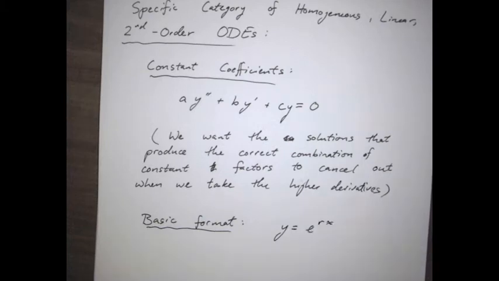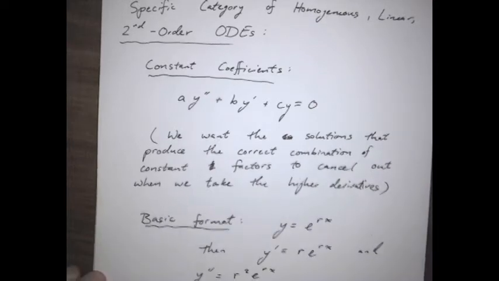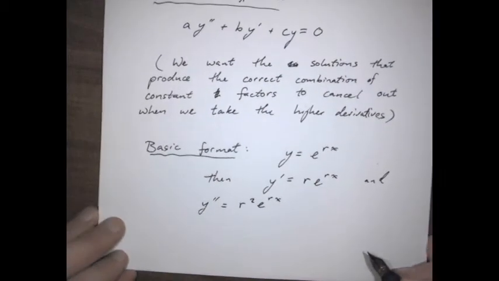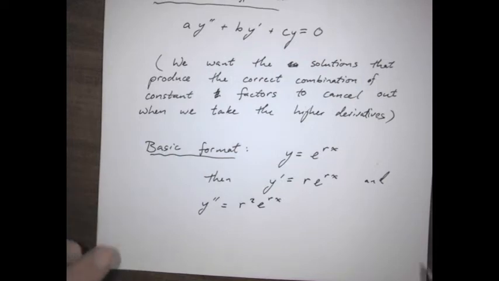And the reason for that is then that y prime will equal r e to the rx, that's just the chain rule, and y double prime will equal r squared e to the rx. And we can then replace the second order differential equation with a quadratic equation.